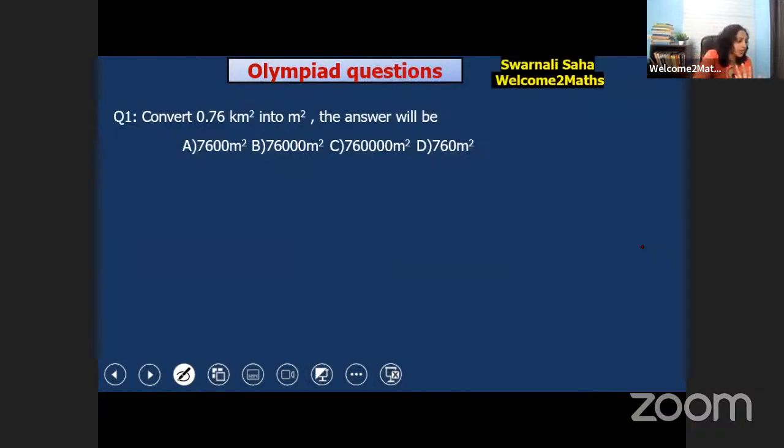So the first question here is: convert 0.76 kilometer square into meter square. There are 4 options, and you have to find the right one.